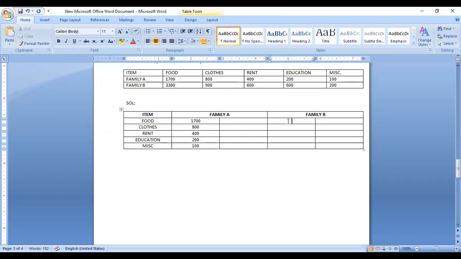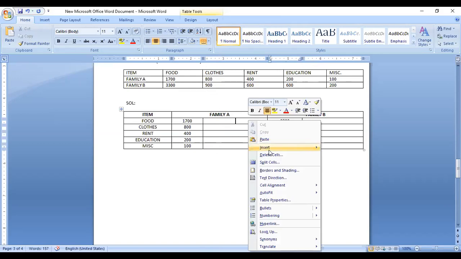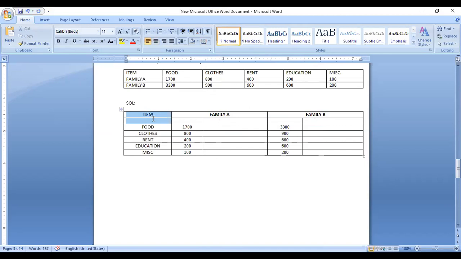Now family B: 3300, 900, 600, again 600, and 200. Now we have to see, I am adjusting for our easy understanding.